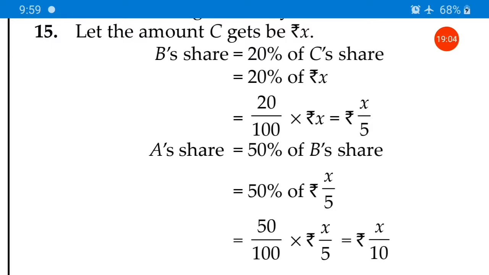So let the amount C gets be X. Now B's share is 20% of C's share, so 20% of rupees X, so 20 upon 100 multiplied by X, so X upon 5. A's share is 50%, the method is the same, 50% of X upon 5, so 50 upon 100 multiplied by X by 5 is equal to X upon 10.